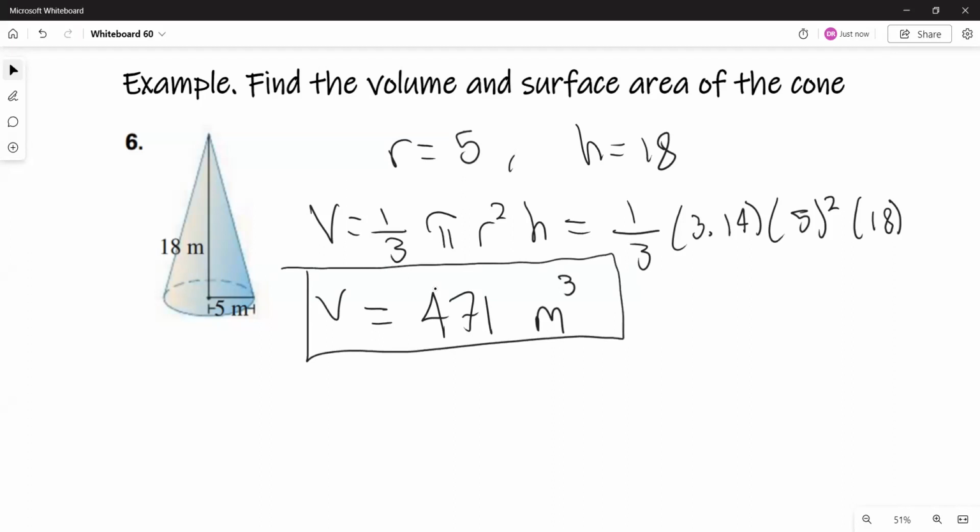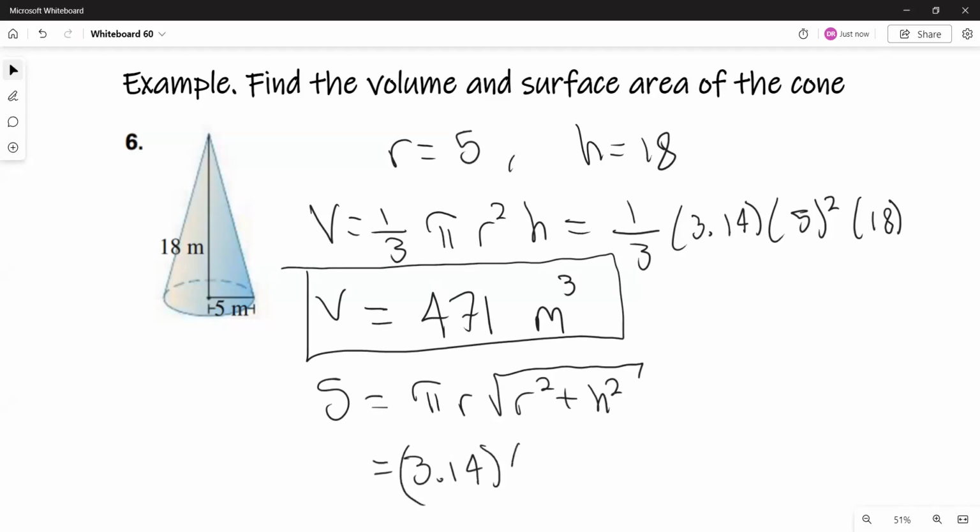And the surface area is pi times the radius times the square root of the square of the radius plus the square of the height. That's approximately 3.14 times the radius times the square root of the square of the radius plus the square of the height.